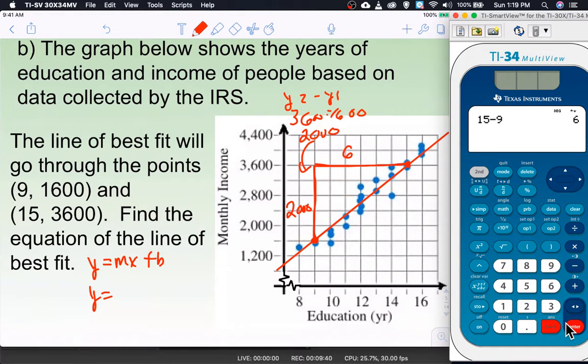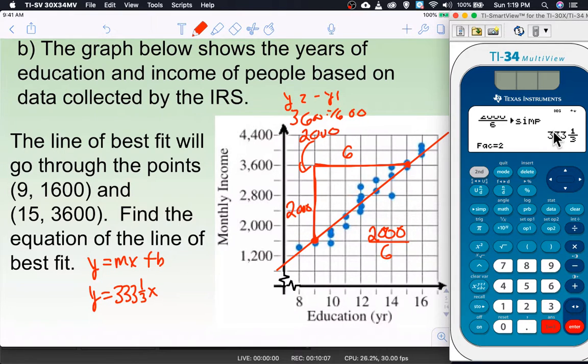So my slope could be written as 2000 over 6. I bet you 2000 over 6 simplifies. I know it does, because they're both even numbers. Simplify, and that does not simplify anymore. So my slope is going to be 333 and 1/3 x.